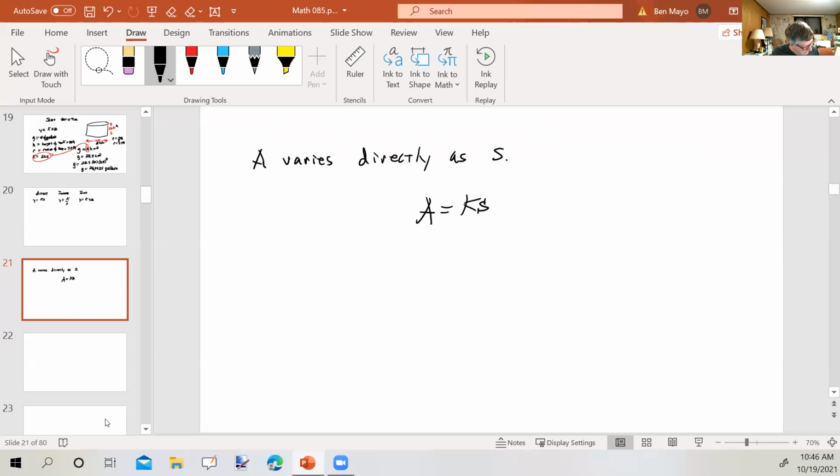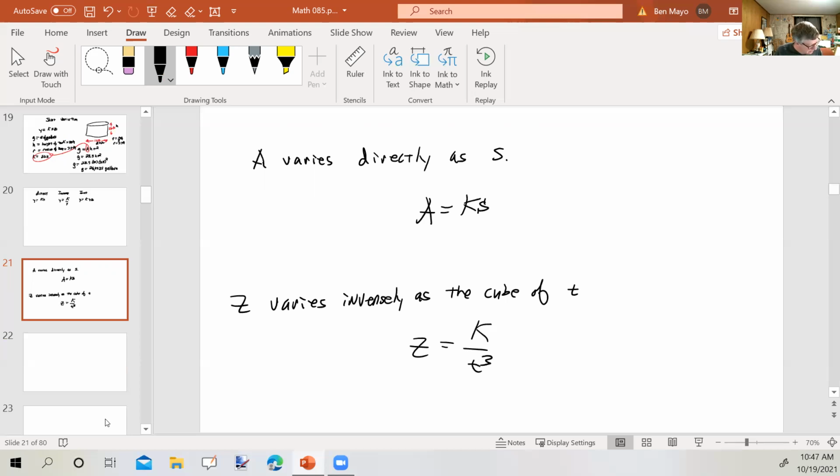All right. How about this one? Z varies inversely as the cube of T. So Z equals K over T cubed.